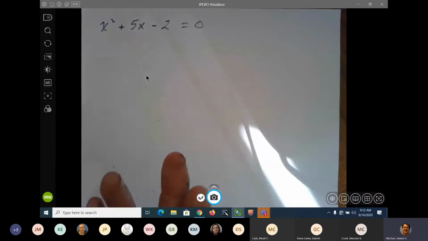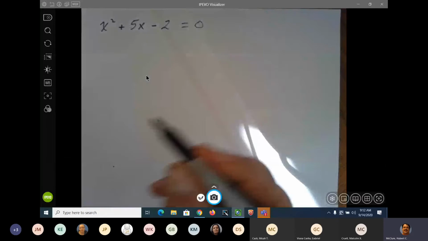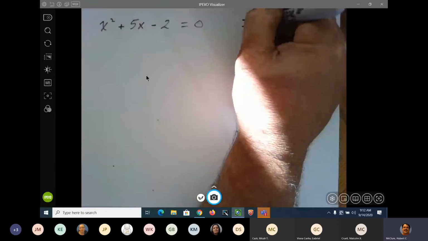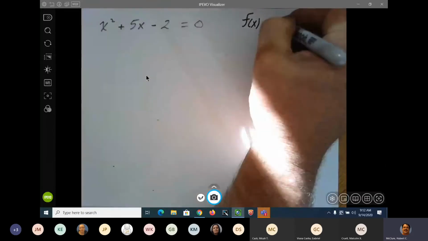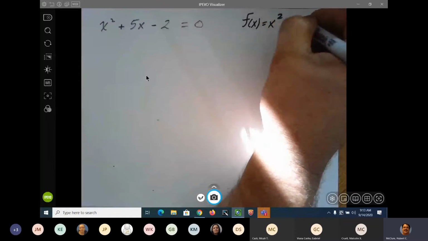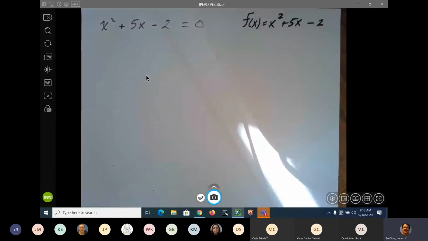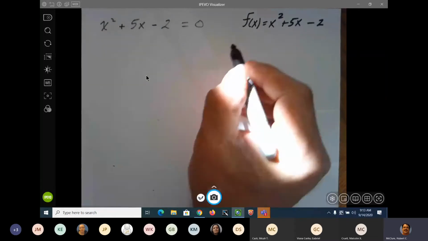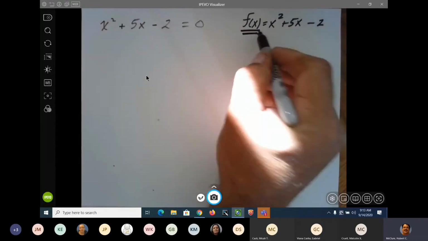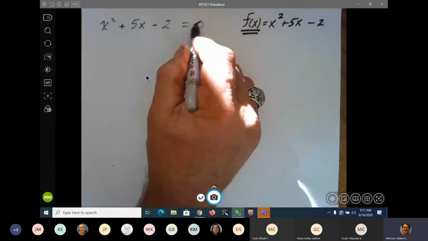I went ahead and set it equal to 0. The problem would look something like this: f of x is equal to x squared plus 5x minus 2. That's what it would look like if they gave it to you. And remember, to find your x-intercepts, you set y equal to 0, which I did right here.